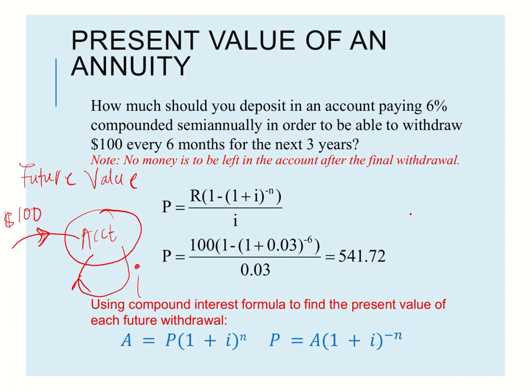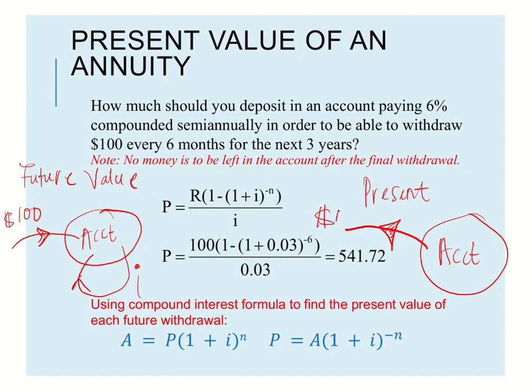Now for present value, you pay one payment into this account, and then you withdraw money regularly. You can see the arrow here is taking out $100 every 6 months, but the account will generate the interest itself.